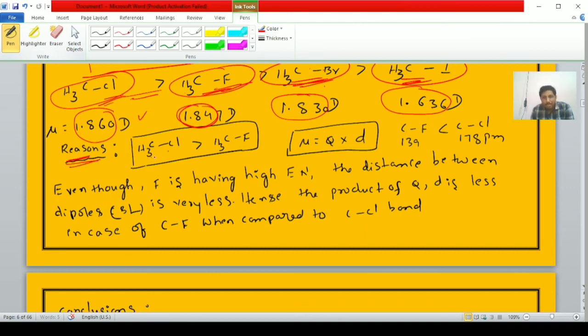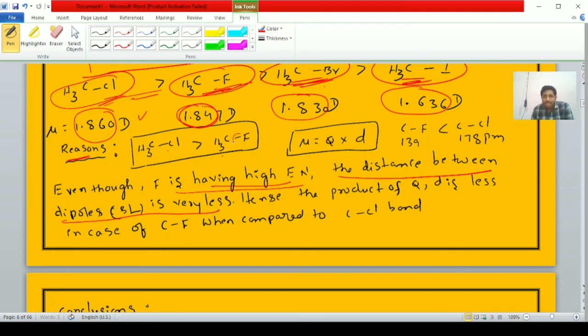Chloromethane has a higher dipole moment than fluoromethane, even though fluorine has the highest electronegativity, because the distance between the dipoles is very small. Why?